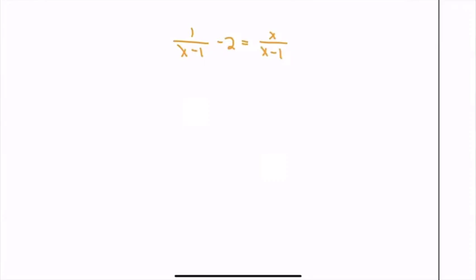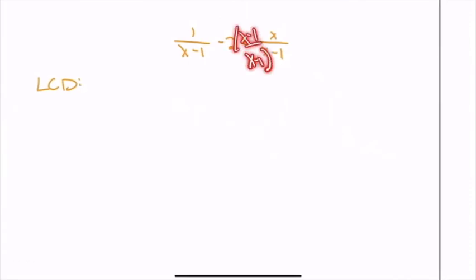So what we're going to do, same thing as before. If we have more than just a fraction on each side, like we do here, we have a constant term here. We need them all to have the same denominator. Right now, my common one so far is x minus 1. If I were to just multiply this times x minus 1 over x minus 1, it would give me a common denominator of x minus 1.